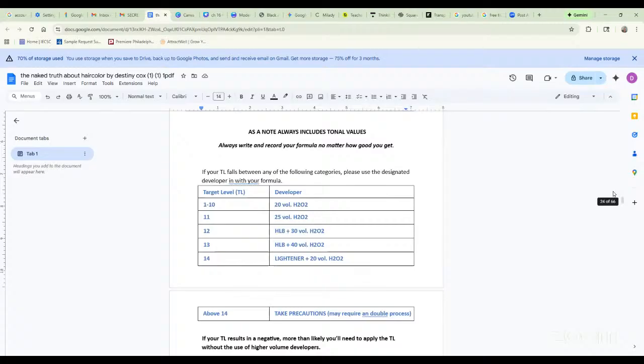The 20 volume represents the volume of developer, I must say, represents the aggressiveness of the hair color. Okay. You cannot put a timer on the developer.